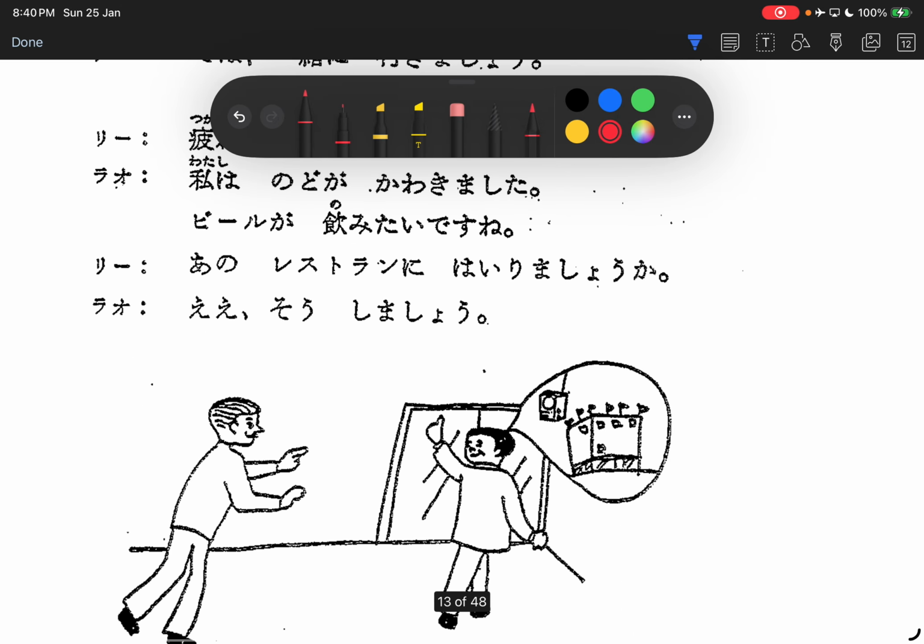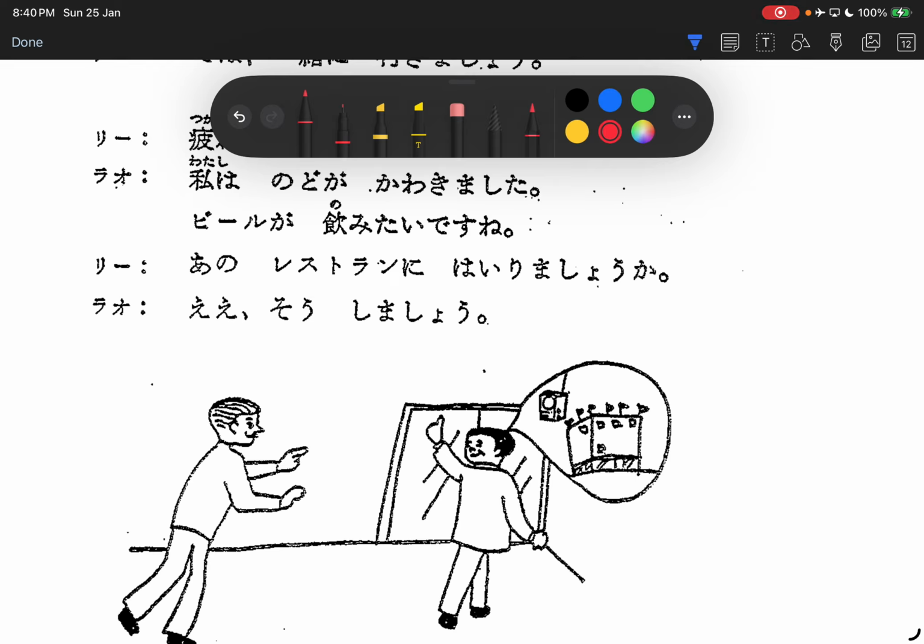Then Li replies, あのレストランに入りましょうか? So 入りましょう means let's enter, right? So now we're asking a question, shall we enter together? あのレストランに入りましょうか? Shall we enter the restaurant? Then Wang-san replies, そうしましょう.